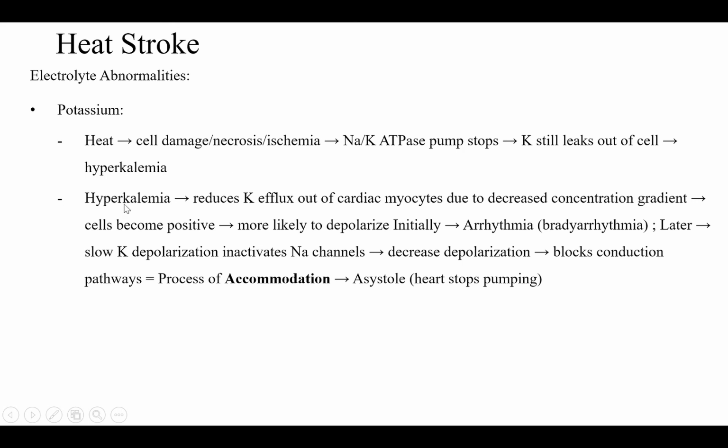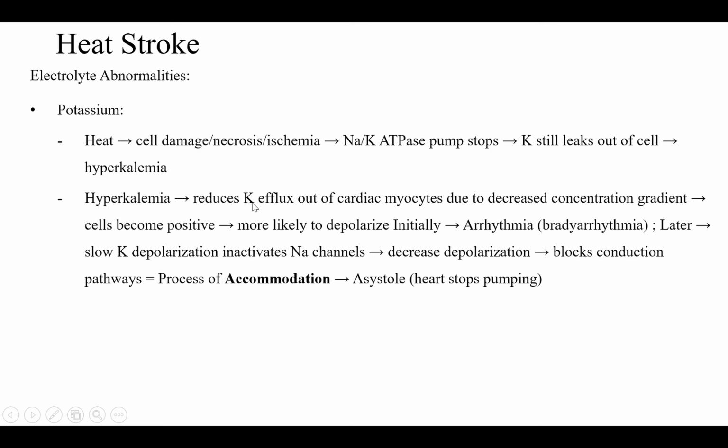When you have hyperkalemia, that reduces potassium efflux out of cardiac myocytes due to a decreased concentration gradient. The concentration of potassium is too much outside in hyperkalemia, so there is less gradient for potassium to come out. So potassium stays inside the cell.